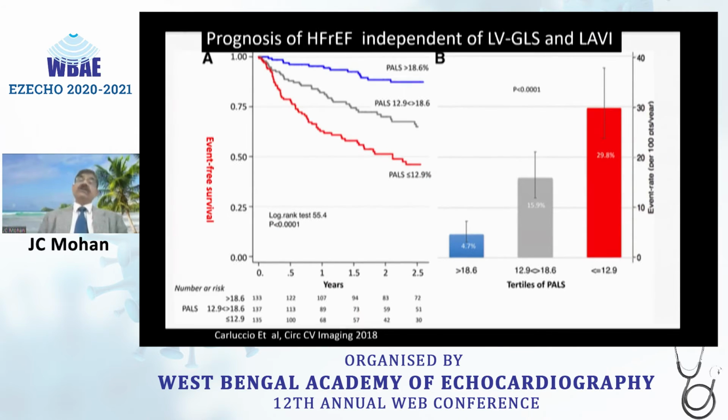Left atrial global longitudinal strain, or the pulse or reservoir strain, is a strong prognostic factor in HFrEF patients, independent of left ventricular global longitudinal strain and left atrial volume index. In this study of over 400 patients followed for 2.5 years, a peak atrial longitudinal strain of more than 18.6% had a relatively better prognosis, and as you went down to the last tertile, prognosis was worse.